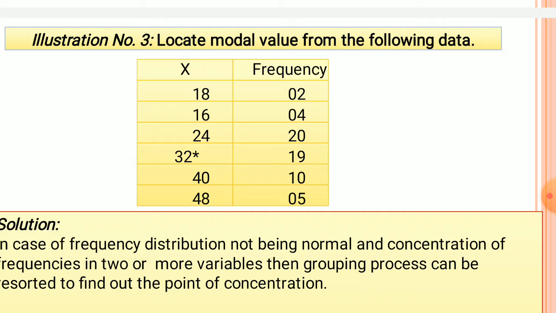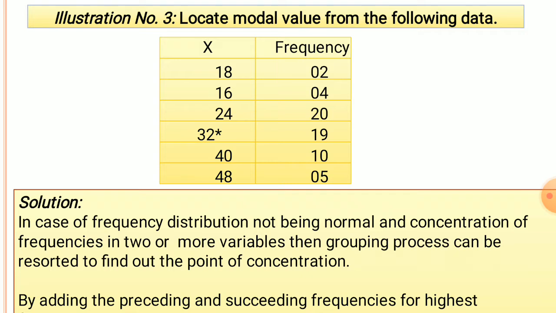But in case the frequency distribution is not normal, and there is concentration of frequencies in two or more variables, then a grouping process can be resorted to in order to find out the point of concentration.